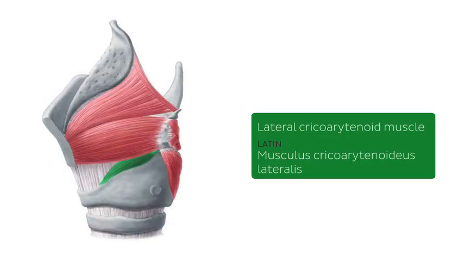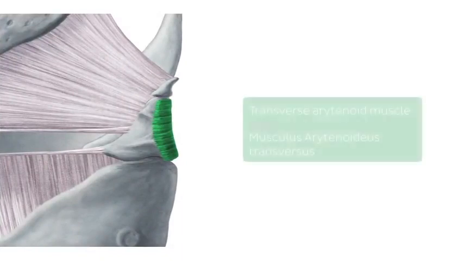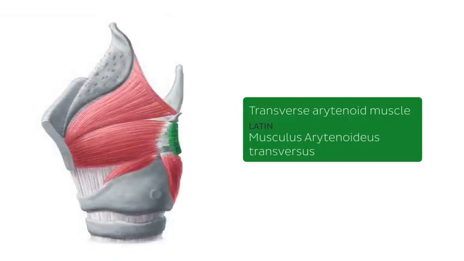Moving on, we can talk about the next muscle on our list, known as the transverse arytenoid muscle. This muscle originates from the muscular process of the arytenoid cartilage and fastens itself to the muscular process of the opposing arytenoid cartilage.